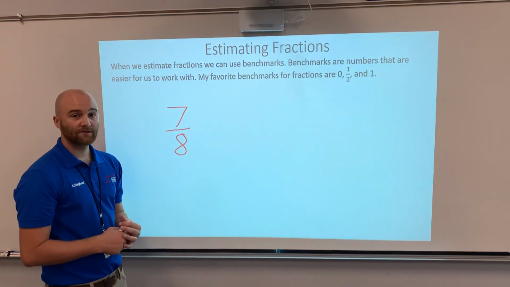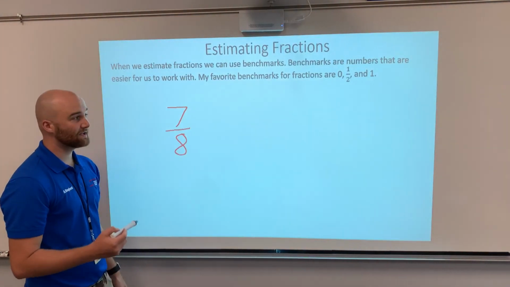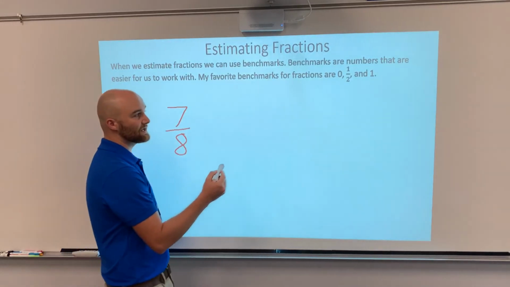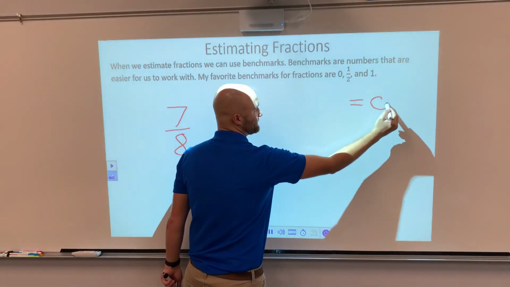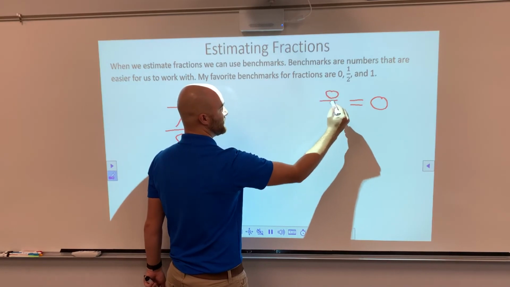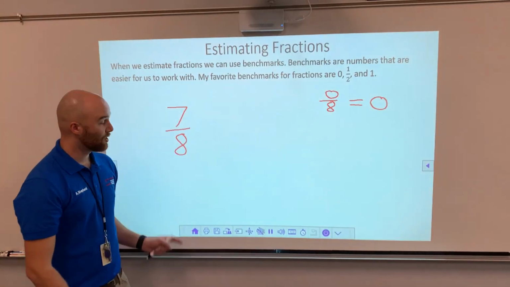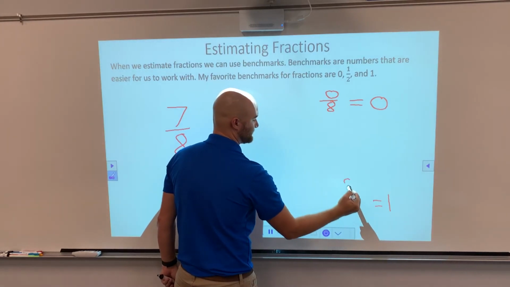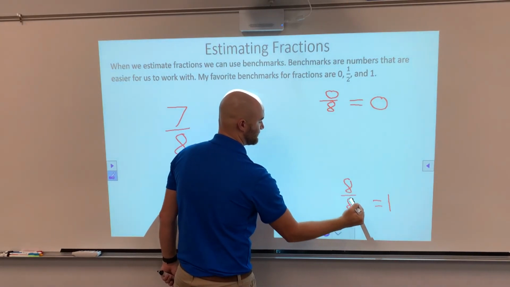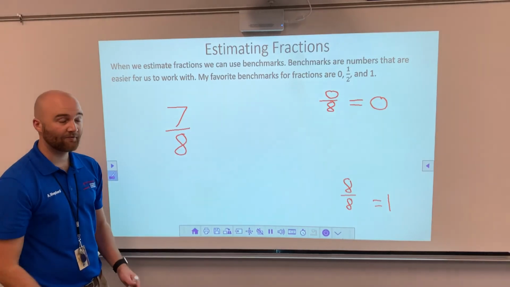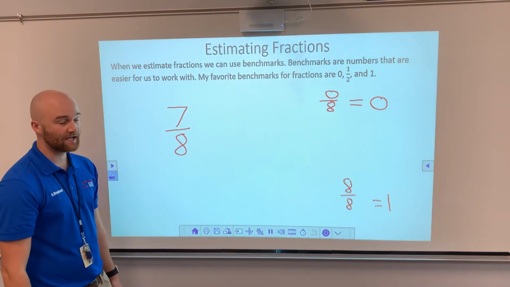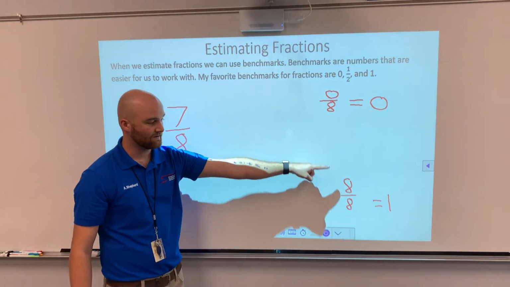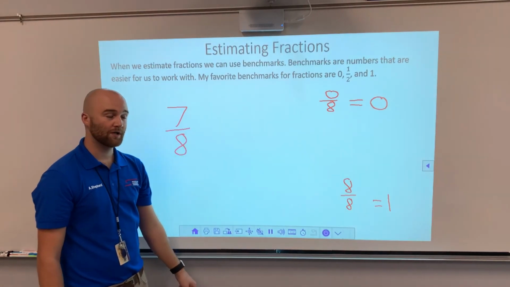Okay, so in order to figure this one out, I'm going to write in what my fractions would be. 0 is 0/8. 1 whole would be 8/8. And 1/2 would be halfway between 0 and 8, because it's got to be halfway between 0 and 1.